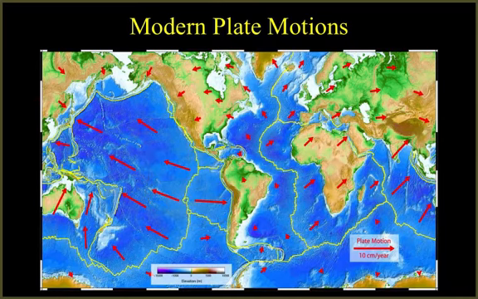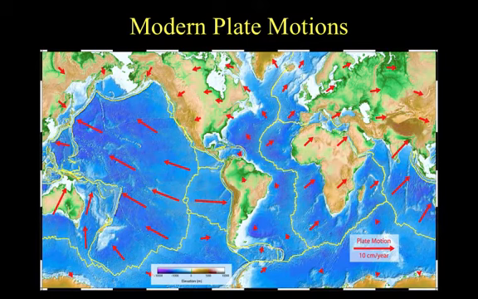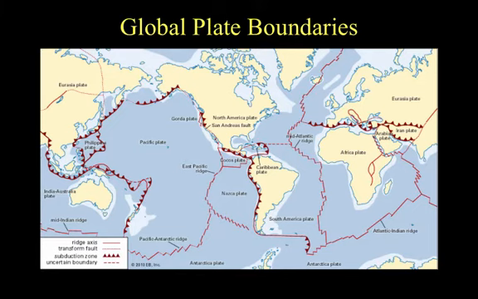For instance, in South America, where we have the Andes volcanoes erupting, where the Nazca plate is diving down underneath South America. So the magnitude and the direction of those plate motions are dictating the kinds of plate boundaries that are generated, as well as the amount and location of the volcanism on Earth.